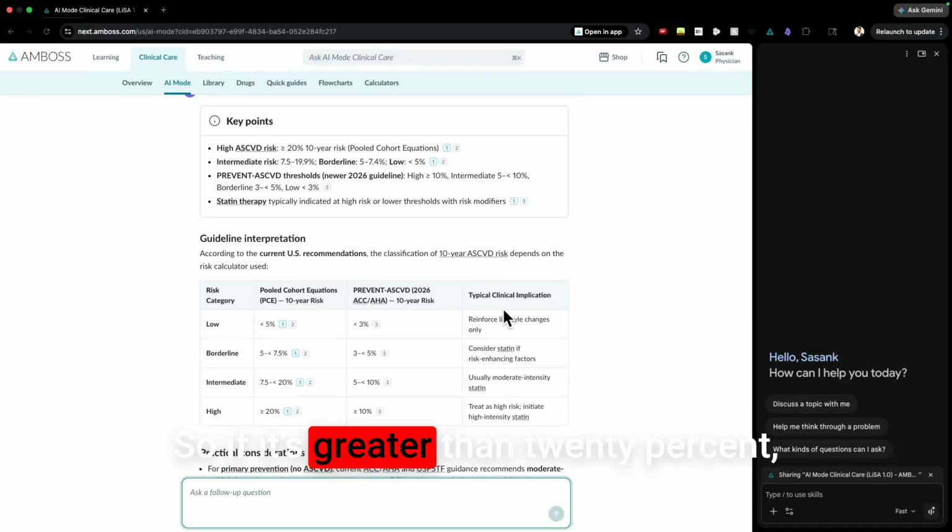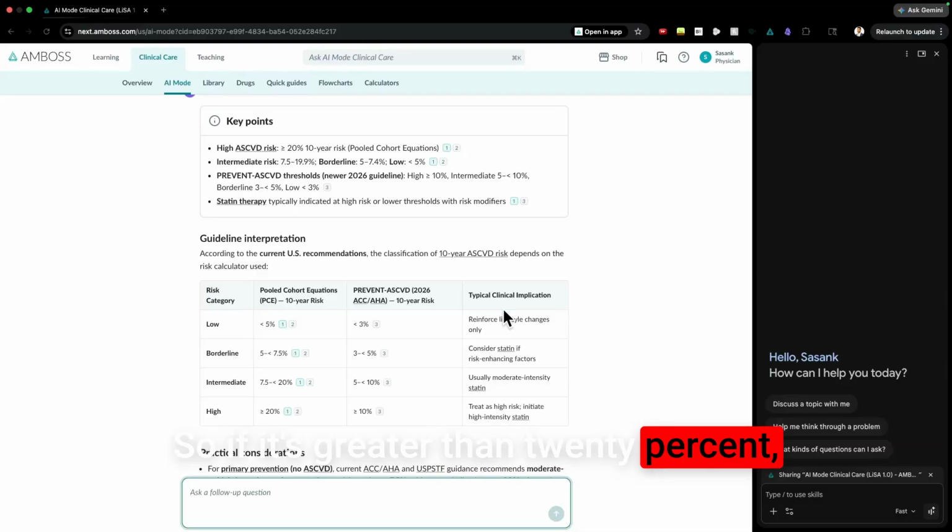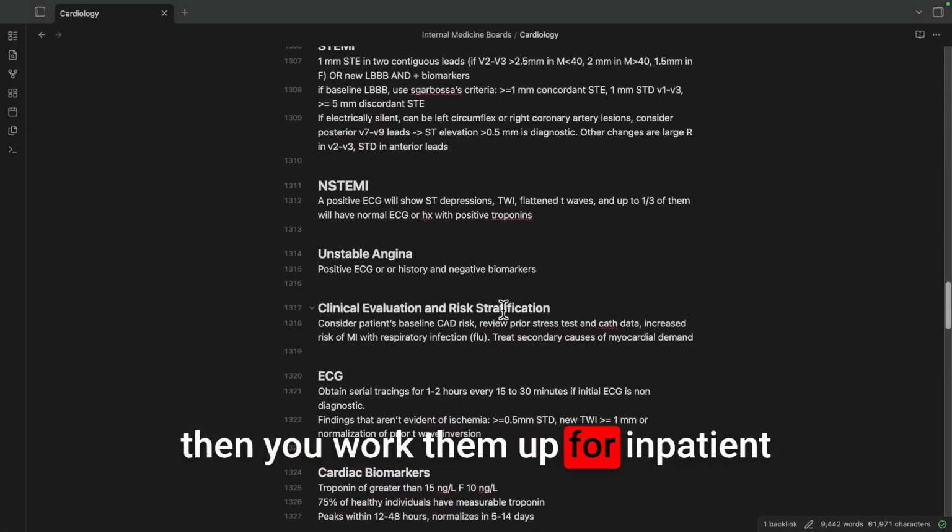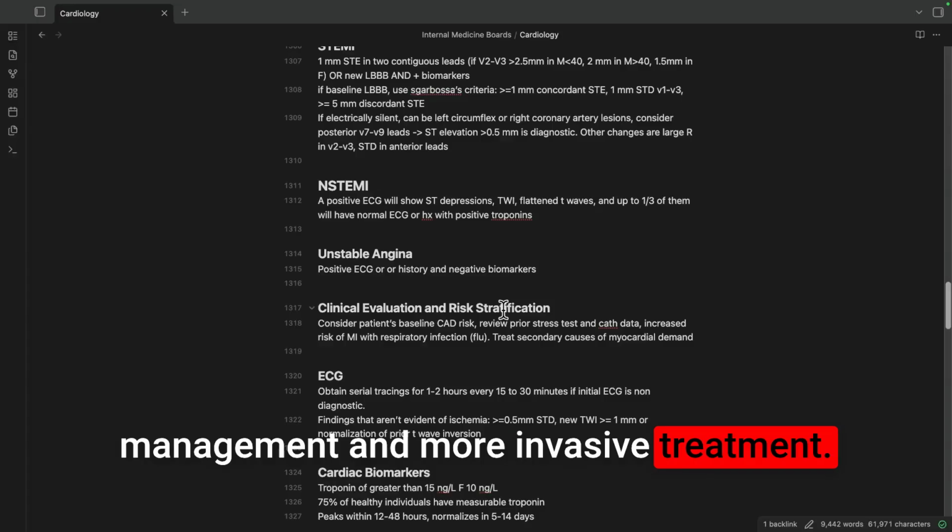If it's greater than 20%, then you work them up for inpatient management and more invasive treatment.